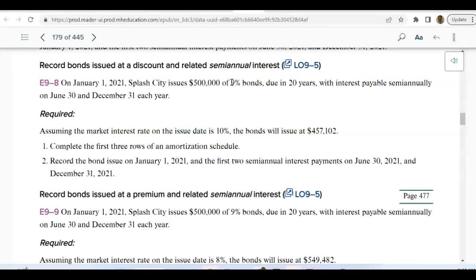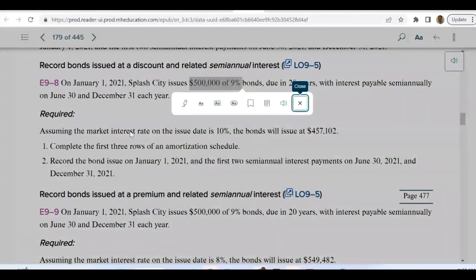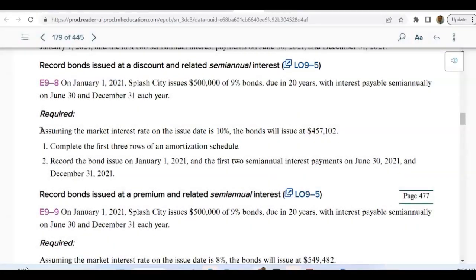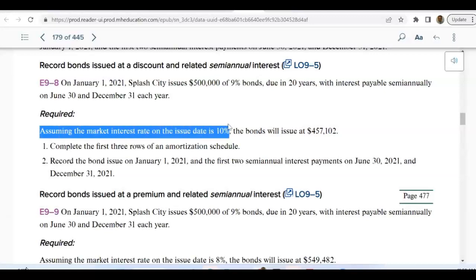So even though the bond is paying 9%, the market is always following the moment that the bond is getting issued.